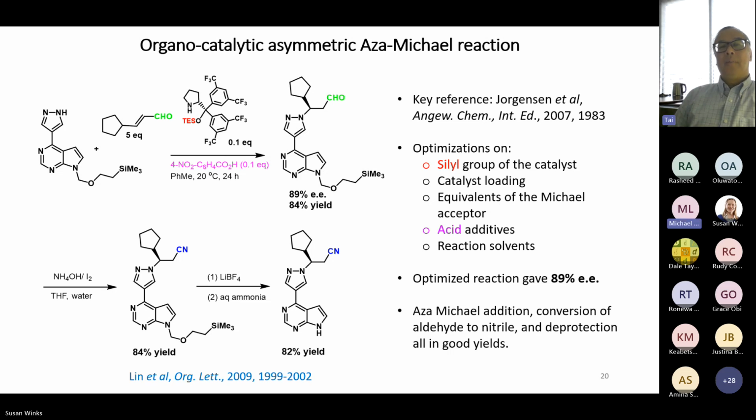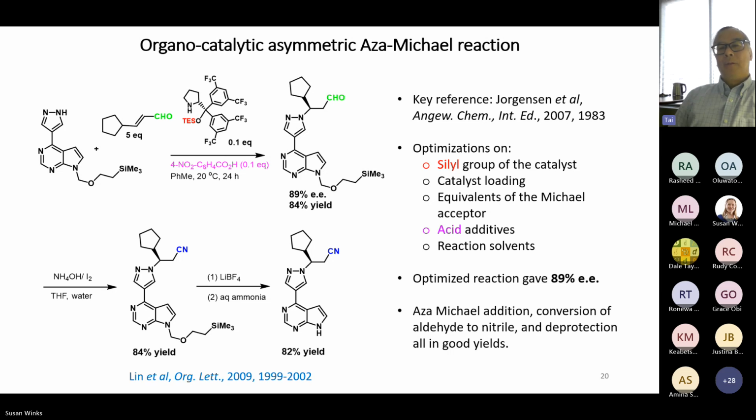So, in this publication in 2007, we took inspiration from him to use our nitrogen pyrazole heterocycle, adding to an alpha, beta-unsaturated aldehyde, mediated by a proline-derived chiral organic catalyst.